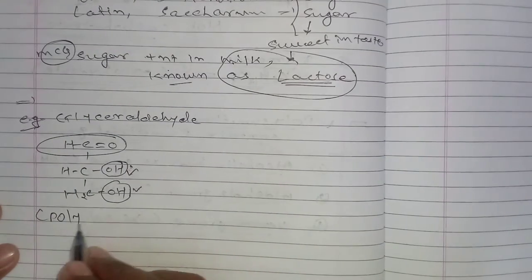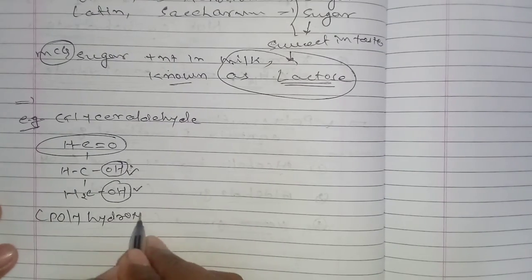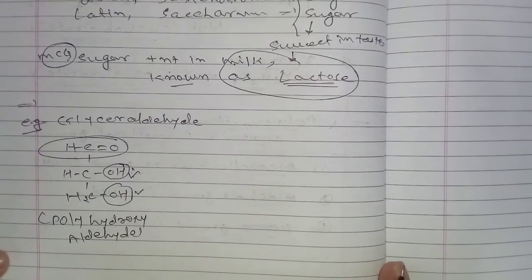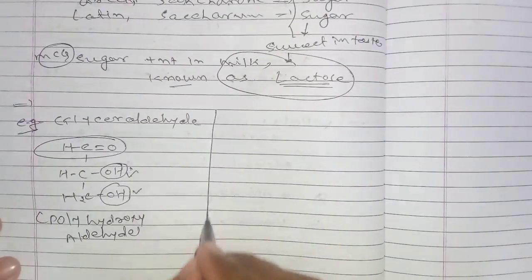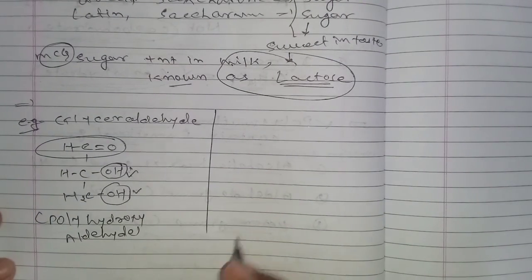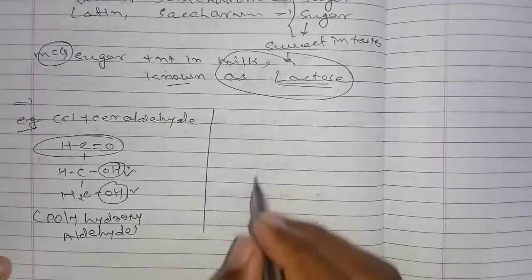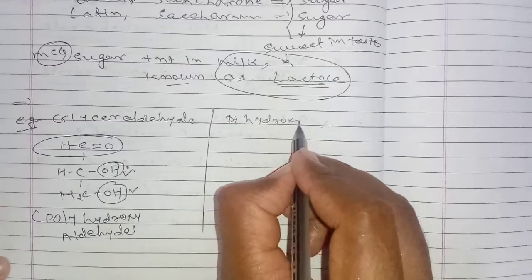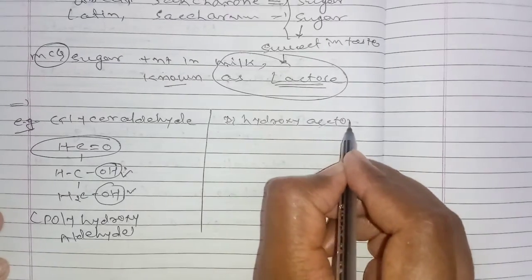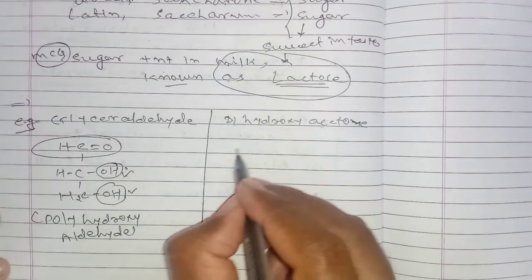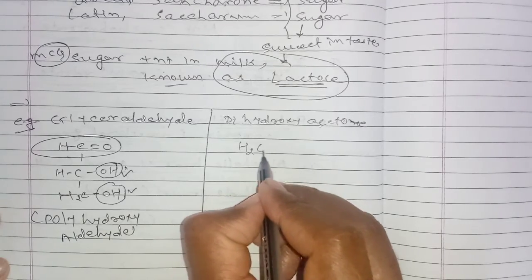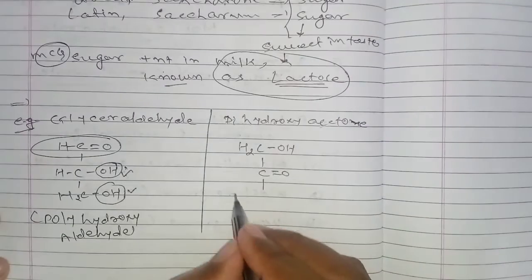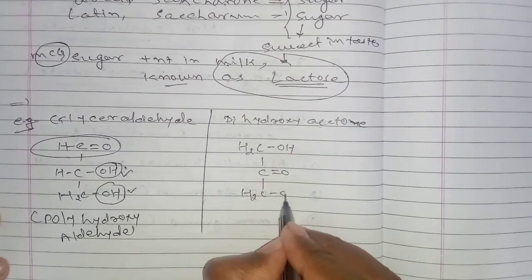And another example is dihydroxyacetone, H2COH, C double bond O, and H2COH.